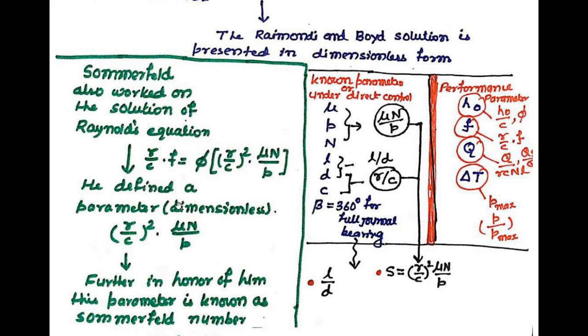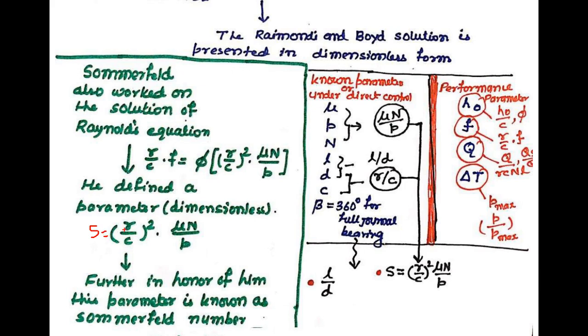In this solution, he defined a dimensionless parameter, (r by c) square into mu n upon p. In his honor, this parameter is known as the Sommerfeld number. So remember that S is the Sommerfeld number.